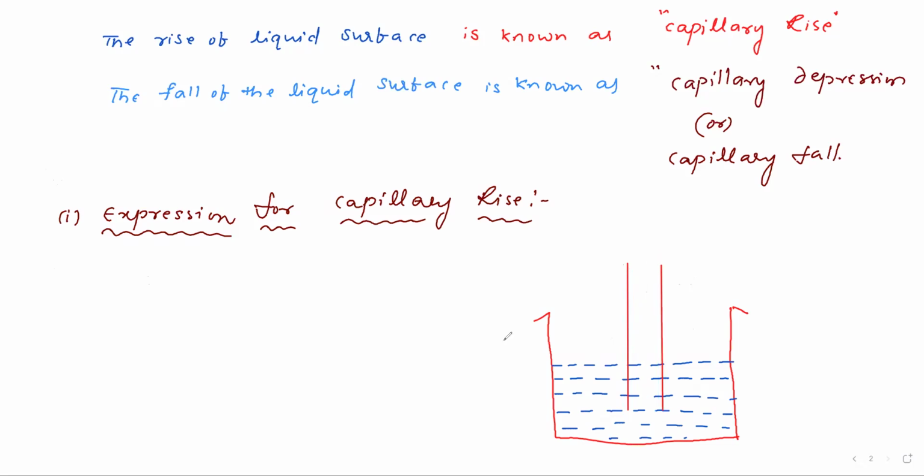And a very important point is, for example, this is the surface of the liquid, right? And here you can see the curve, how it is forming. This liquid is water. And when we insert this small diameter tube, the tube diameter will be D. Let me write here.